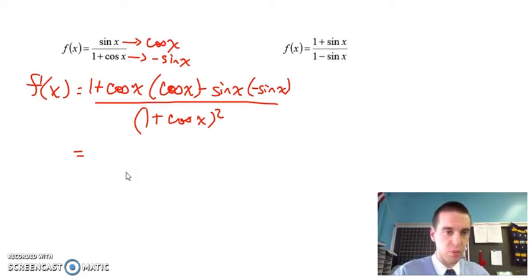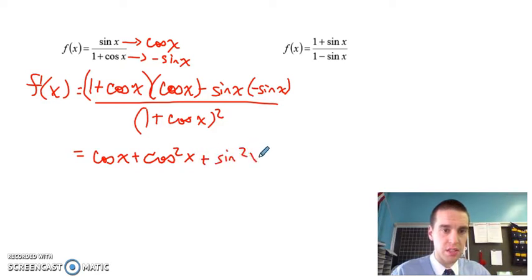So let's see here. We've got 1 plus, we know that needs to be in parentheses. There's nothing you can factor out. So we're going to get cosine x plus cosine squared x plus sine squared x, all over 1 plus cosine x, squared.